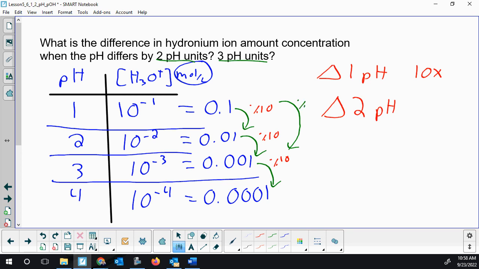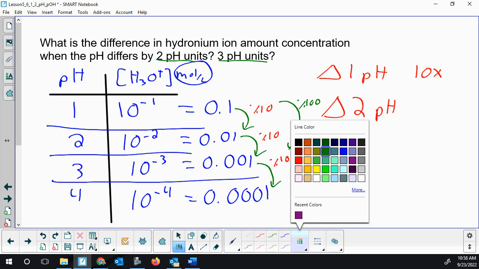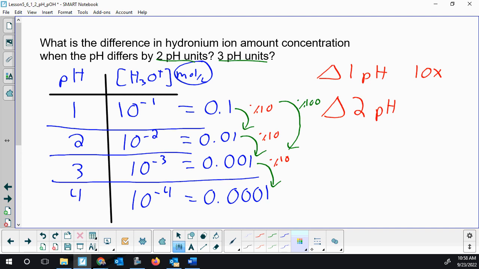Yeah, it's a divide by 100. Now, it doesn't matter where I started. I could pick a different 2 pH units. Every drop in 2 pH units is a divide by 100. Okay? So it's 100 times difference. It's a divide if you're going to smaller units. It's a multiply if you're going to bigger.